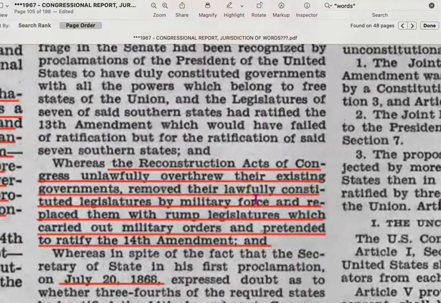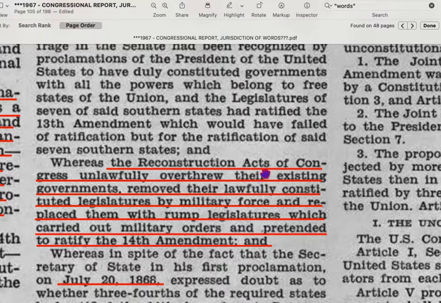whereas the Reconstruction Acts of Congress unlawfully, because they were unconstitutional. You can't use a constitutional office for an unconstitutional act. That's treason. Unlawfully overthrew their, meaning the states, existing governments or the people's existing governments, because the people of the land created the state.